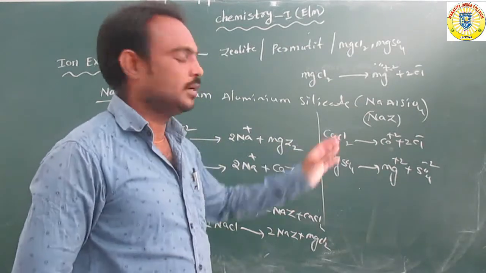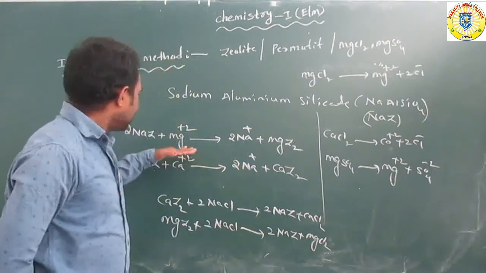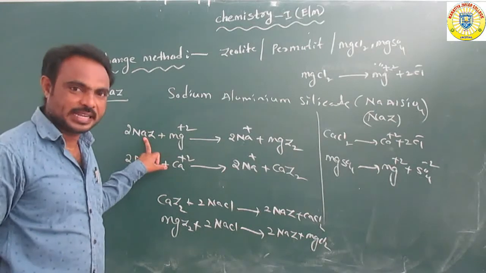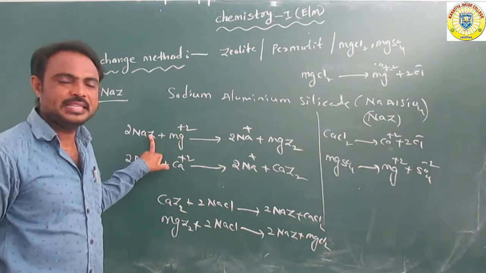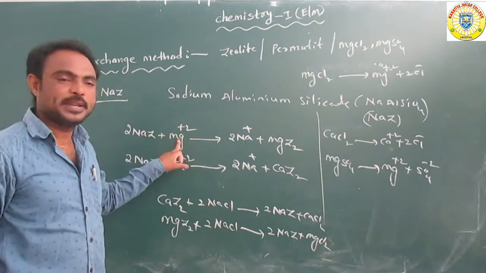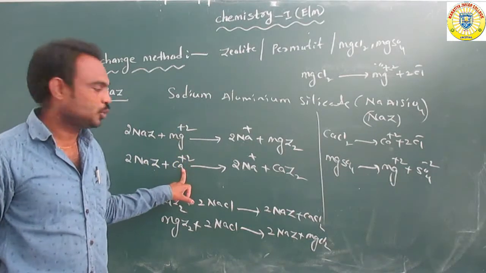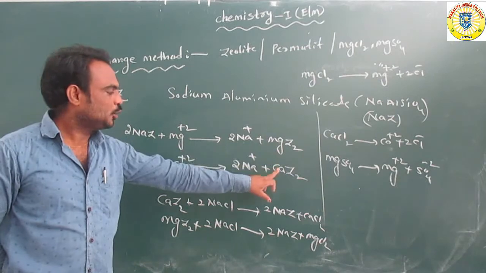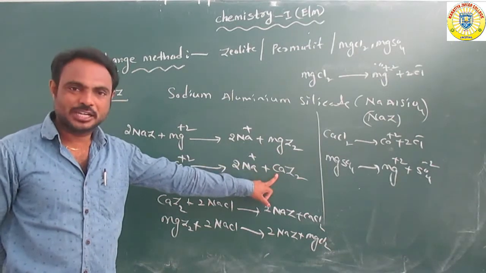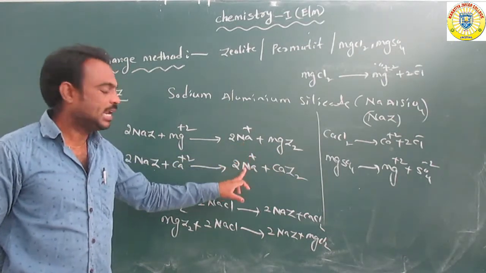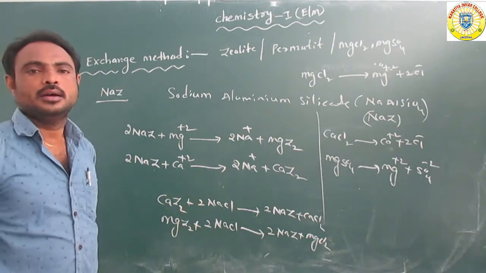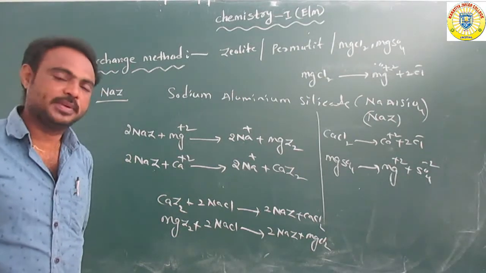When sodium permutit, NaZ, is added, it reacts with Mg plus 2 ions or Ca plus 2 ions to form MgZ2 or CaZ2 with Na plus ions, removing the salts by this method.